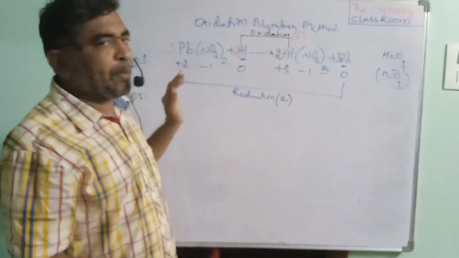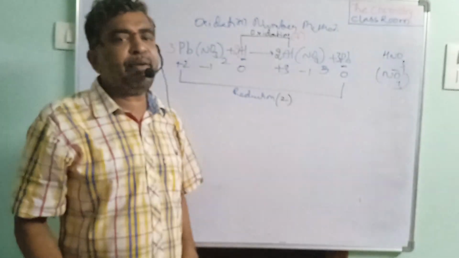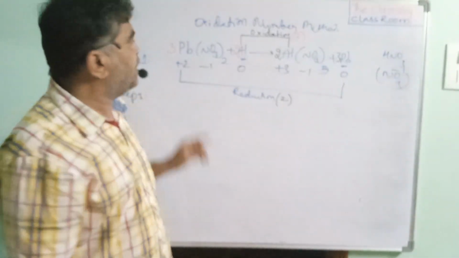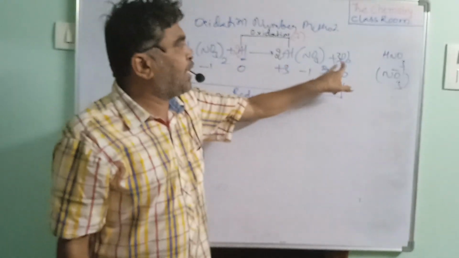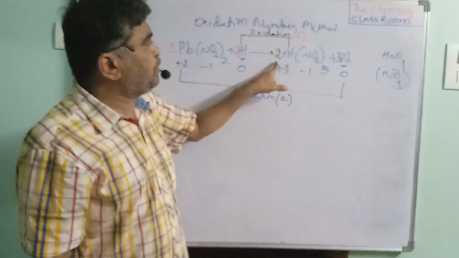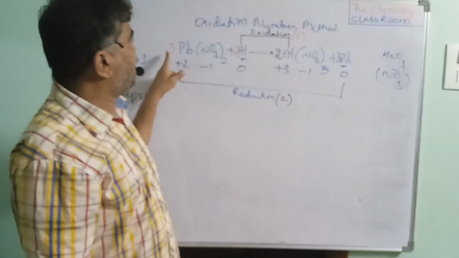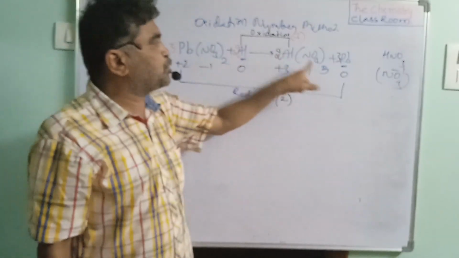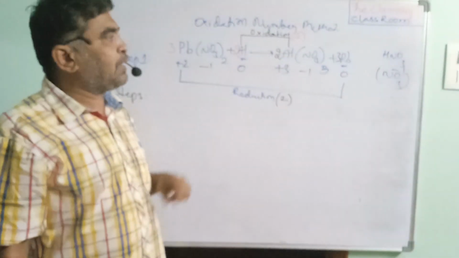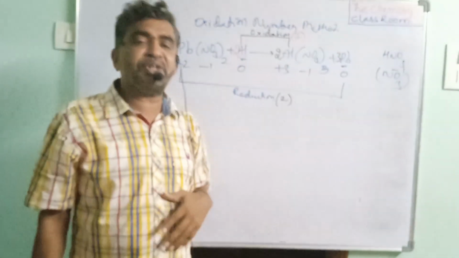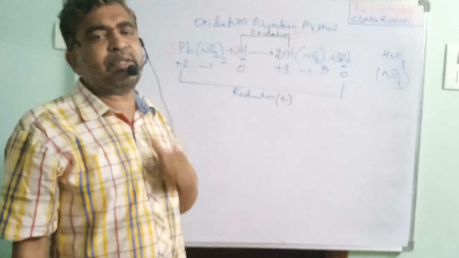The two numbers I am keeping the same, and the remaining equation I am balancing. Here we have 3 leads, so here we have 3 leads. Here 2 aluminium, so I multiply with 2 aluminium. So automatically the reaction is balanced: 3 into 2, 6 nitrates; 2 into 3, 6 nitrates. Like that we balance the equation with the oxidation number method.